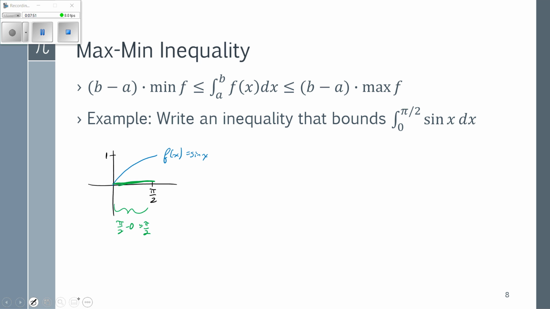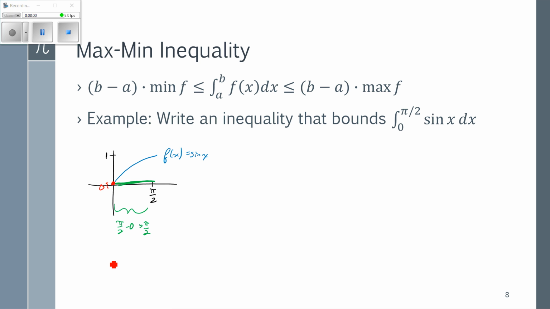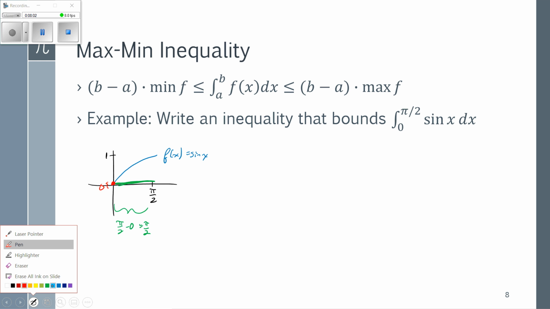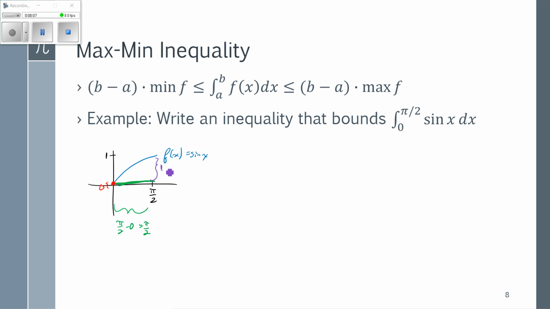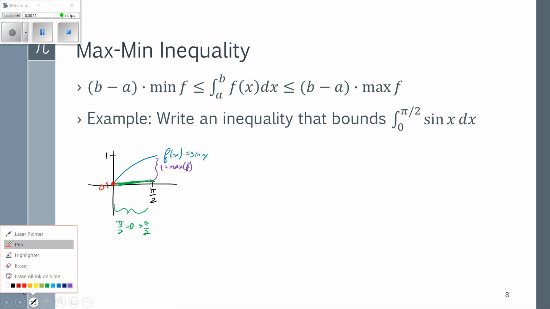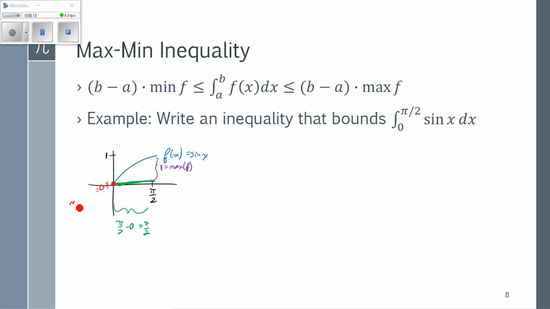But then for my height, one option is to use the minimum value of f in that region, which would be 0. The other would be to use the maximum value of f, which would be 1. So that's my maximum for f, and the 0 was my minimum for f.